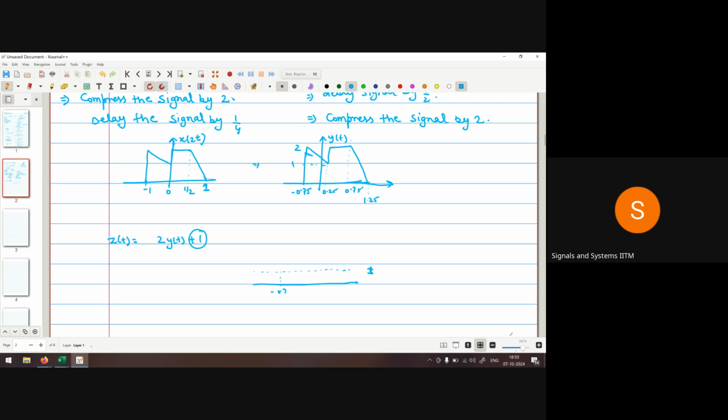So this is minus 0.75, 0, 0.25, 0.75, 1.25. The signal will start from here.